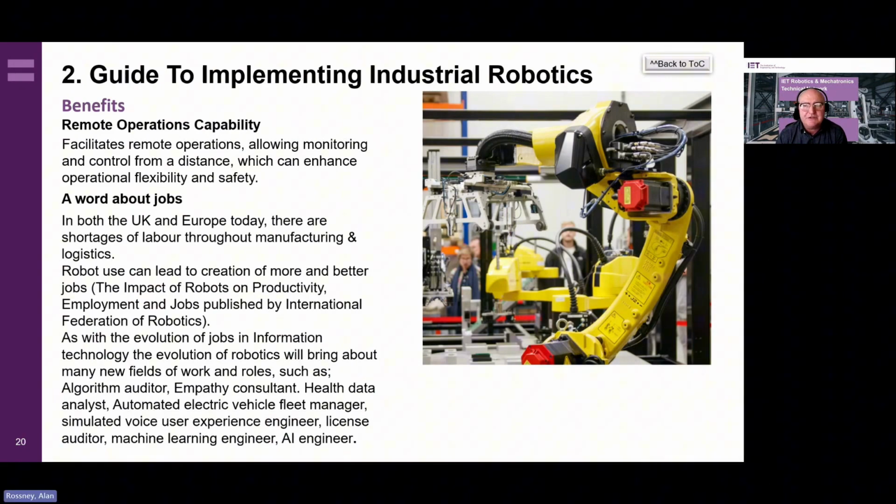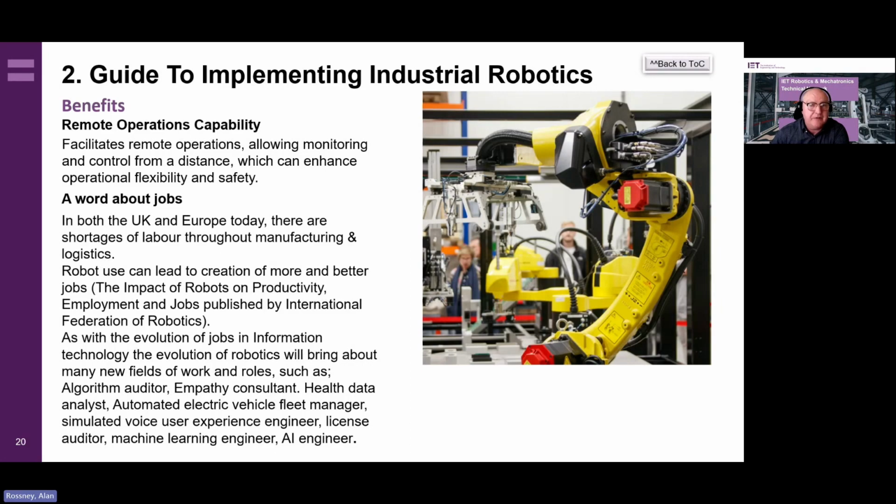So the improvements in productivity and competitiveness that result from greater use of robot automation allows the business to pay more for these higher skilled roles. As with the evolution of jobs in information technology, the evolution of robotics will bring about new fields of work and roles, and already has.